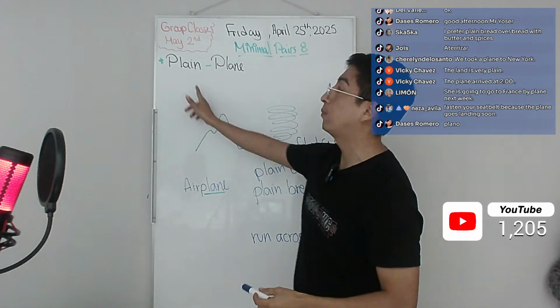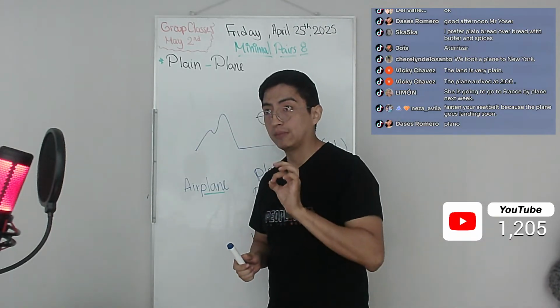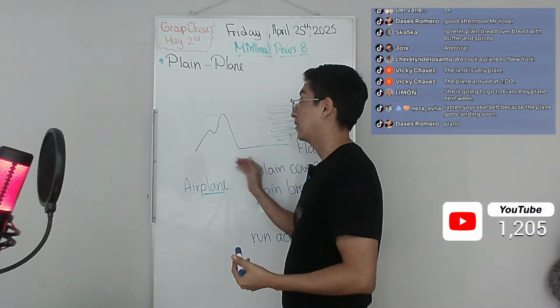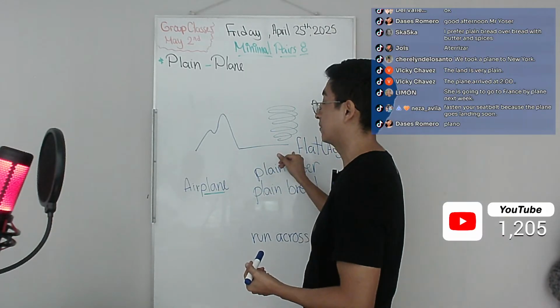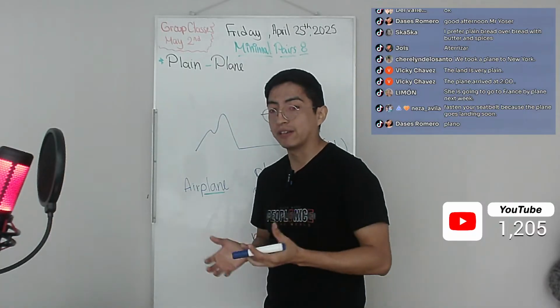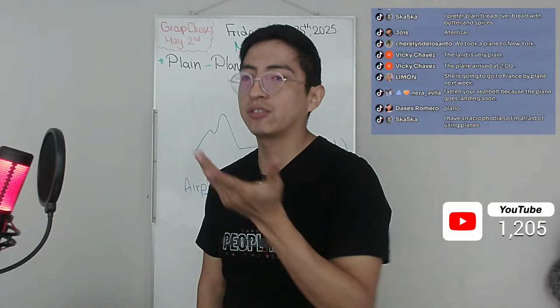But when we're talking about plain, we're talking about a noun, an area of land. This is a mountain and this is a plain. We're talking about a geographic area. Run across is to cross a territory.